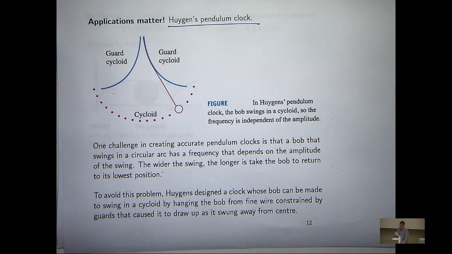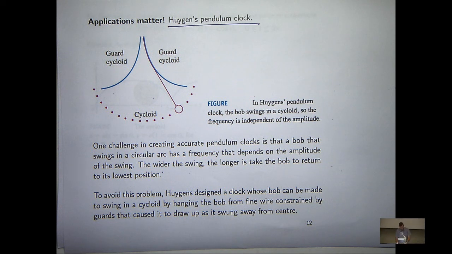Now, the biggest mistake that was made was trying to get the bob, which just swings from side to side, to swing in the arc of a circle. Now, the problem with that is that the further you start the bob away, the longer it takes; its swing depends on how far you let it go.